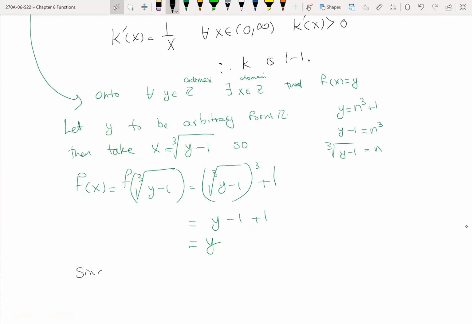Because the third root of y minus 1 is not always in Z, which is what we call the domain. You have to be careful, because with discrete math you're talking about exact values, not the continuity of the graph.